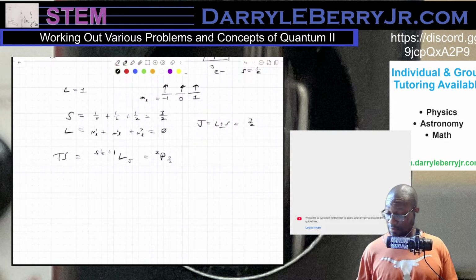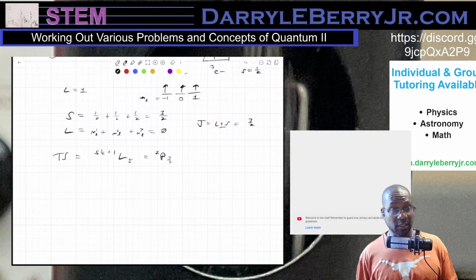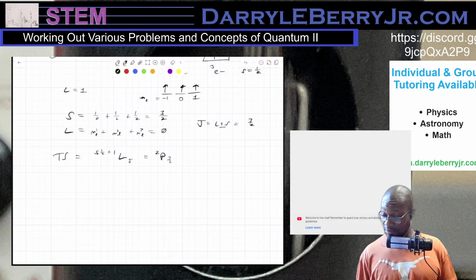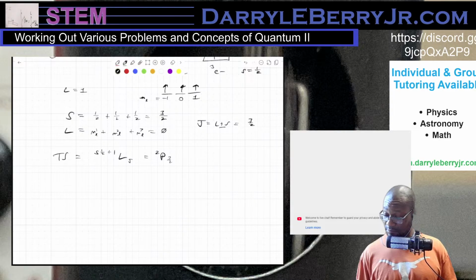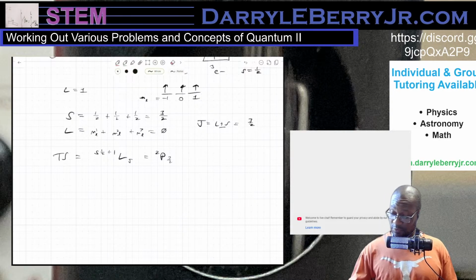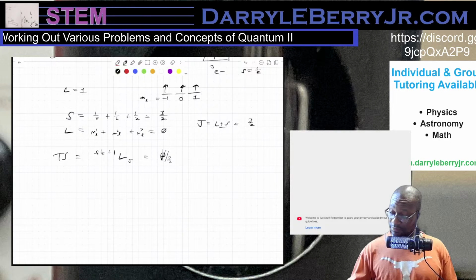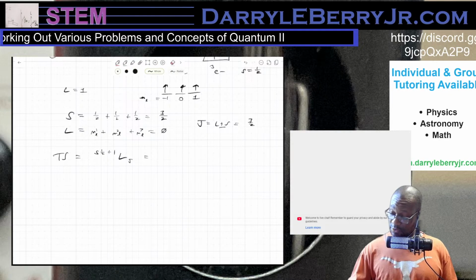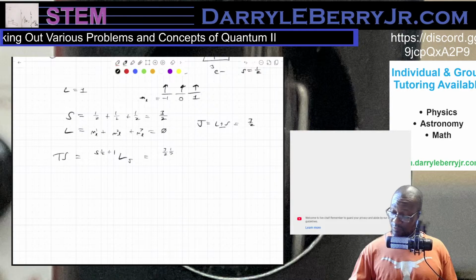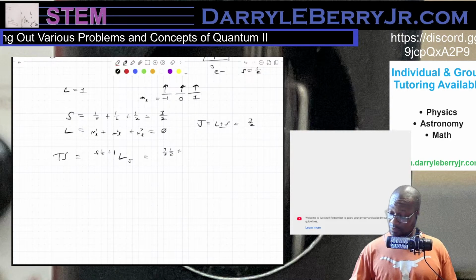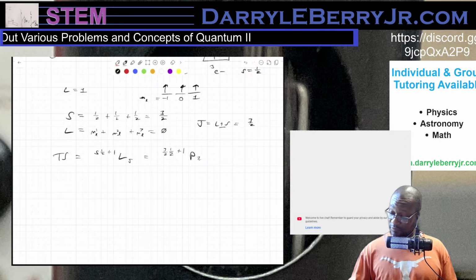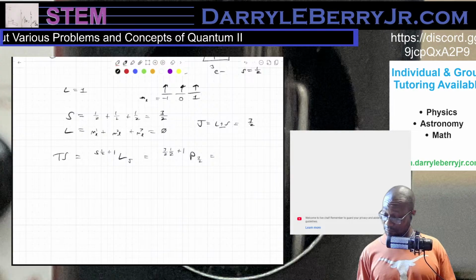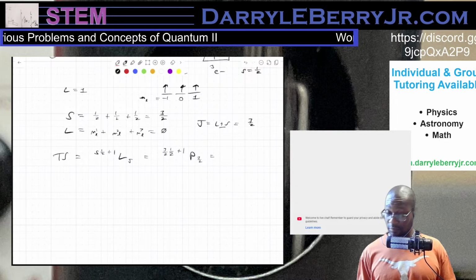All right. Uh-oh, I'm missing one. So how did I get 4 on top? Oh my gosh. I'm used to putting 1 for the column. That's 3 over 2 times 1 over 2 plus 1 p 3 over 2, which equals 3 over 4 plus 1 over 4.